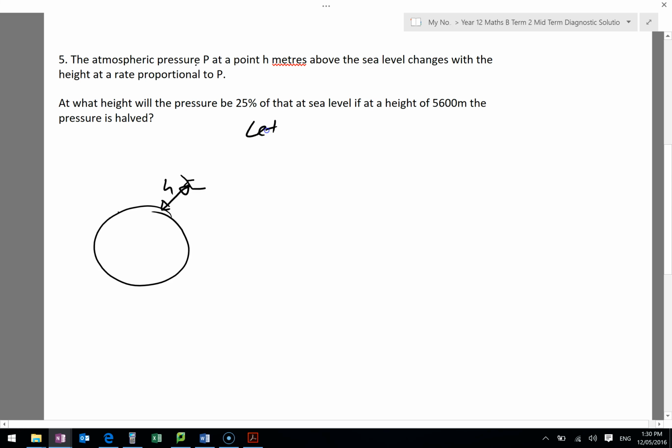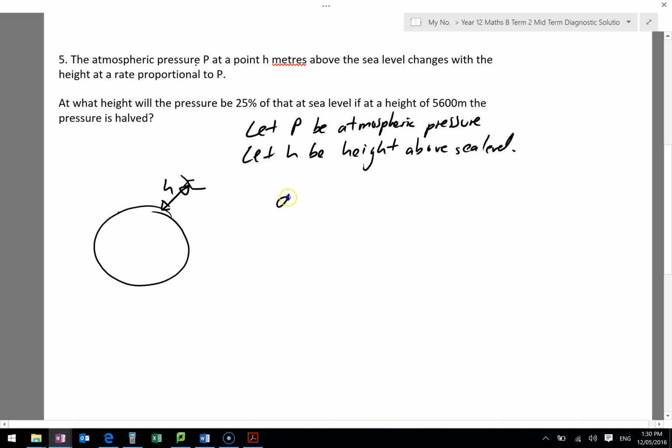Define my variables. Let P be atmospheric pressure, and let H be height above sea level.